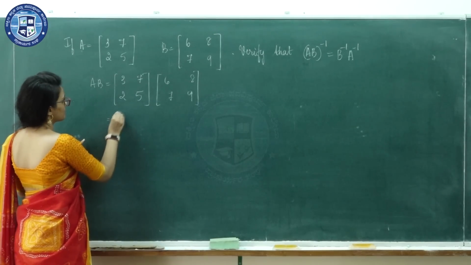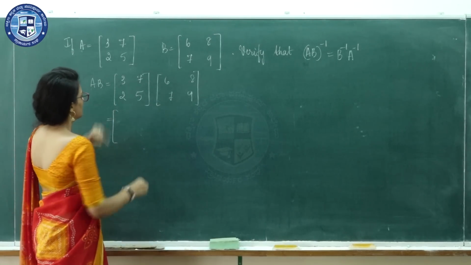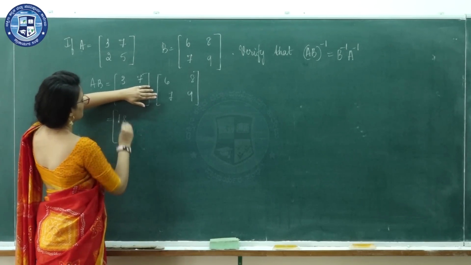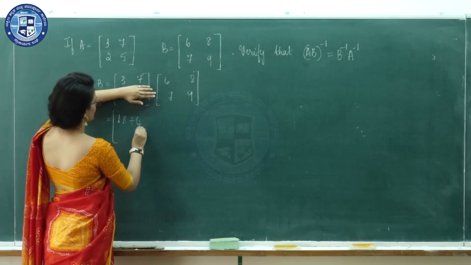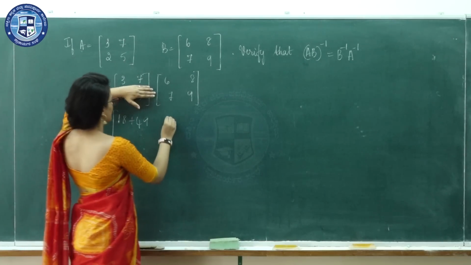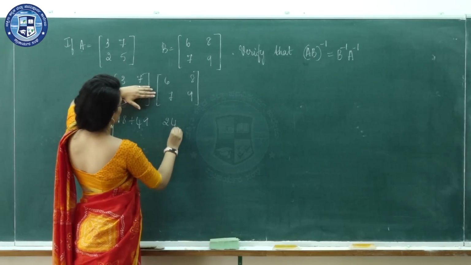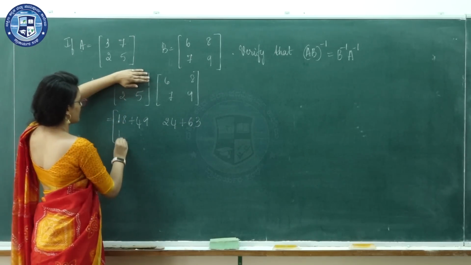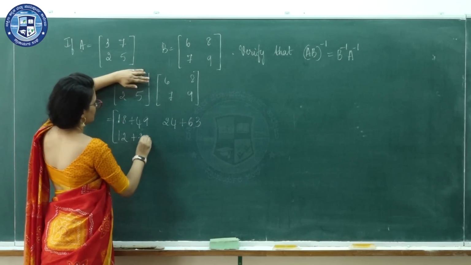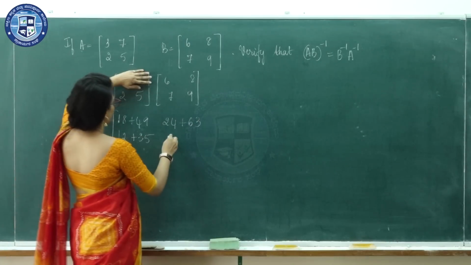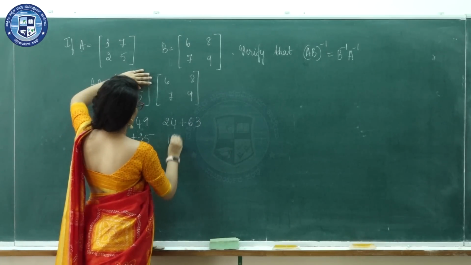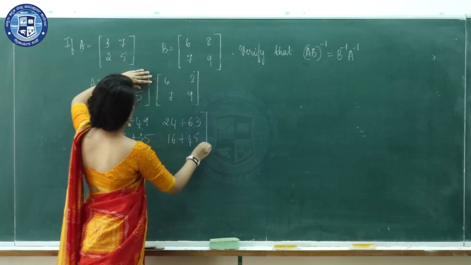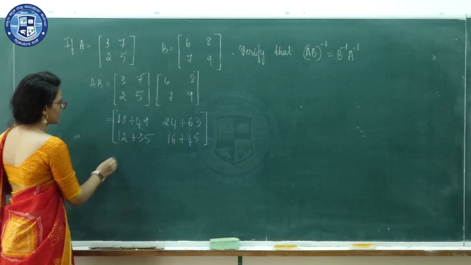Okay. So, multiplying this, we get 6 into 3 is 18, plus 49. Next term we have 24 plus 63. Next term we have 12 plus 35. Next we have 16 plus 45. Okay. So, let us calculate this.